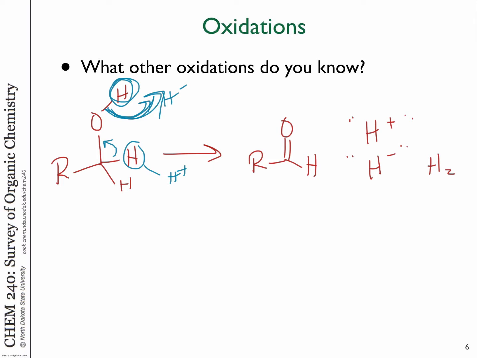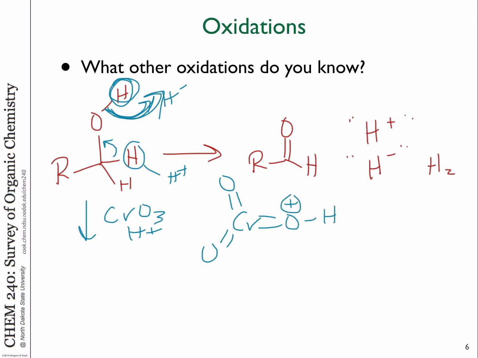So for example, in the presence of chromium trioxide under acidic conditions, we actually have this species generated. Chromium trioxide, if you protonate one of the oxygens, this chromium is very, very electropositive. Okay? It's a really reactive electrophile.